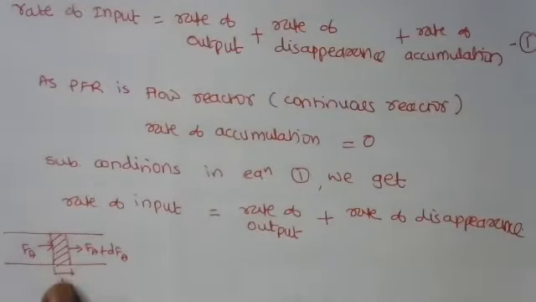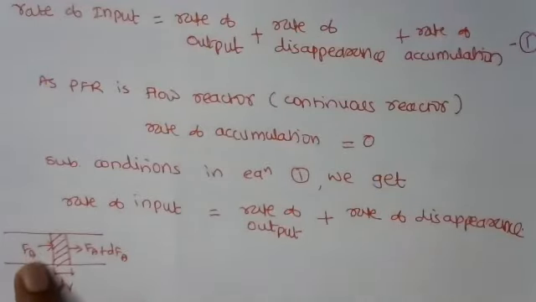The reason is, in the case of the plug flow reactor, I have explained earlier that the conversion inside the plug flow reactor is progressive. That means the conversion increases along the length. The conversion is minimum at the start, whereas at the end the conversion is maximum, and along the length the conversion progressively increases. However, at a particular point, irrespective of the time, the conversion is always constant.